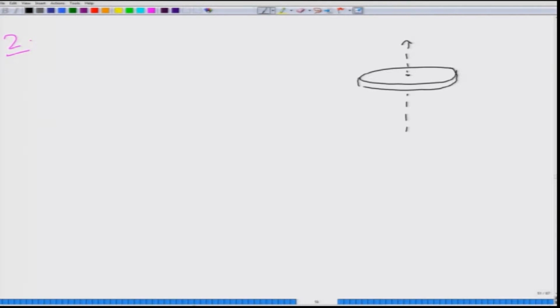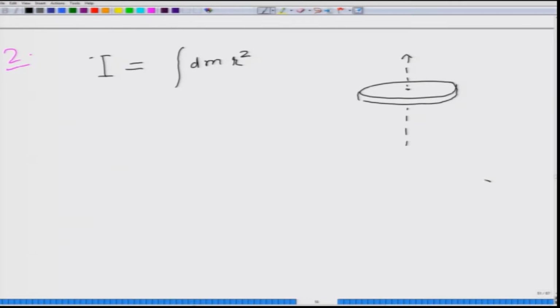We know that moment of inertia is defined as follows: suppose there is a small mass dm and its perpendicular distance from the axis is r, then dm times r square, integrated over the whole object. So that is the definition of moment of inertia.